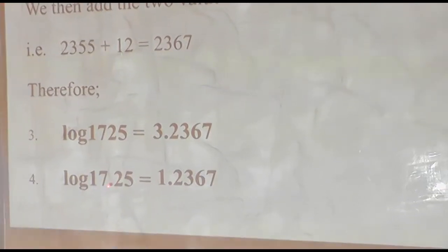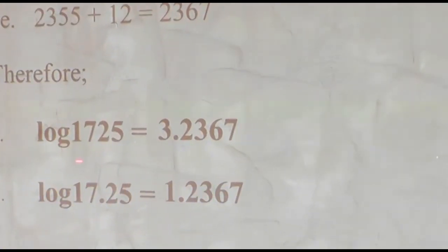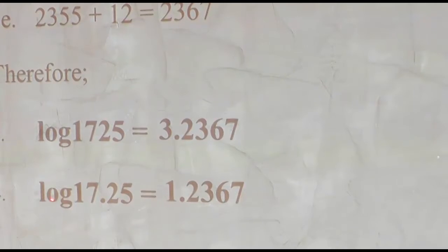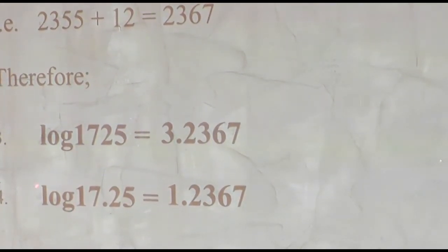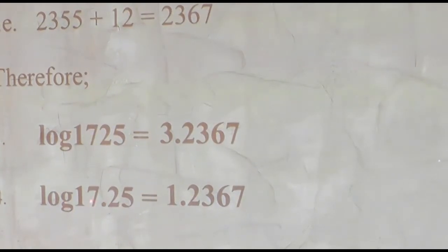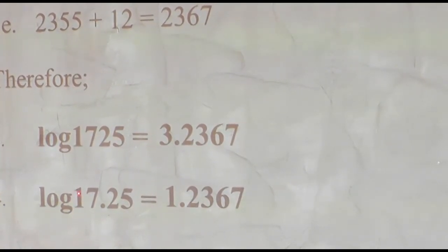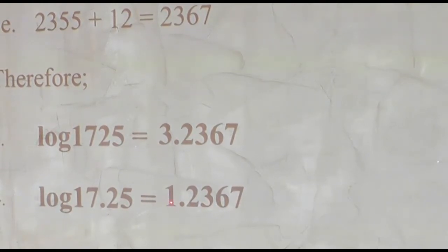To get the characteristic, we consider the first 2 digits, which are the whole numbers. We have 2 digits, and the characteristic is always the number of digits minus 1, so 2 minus 1 gives us 1.